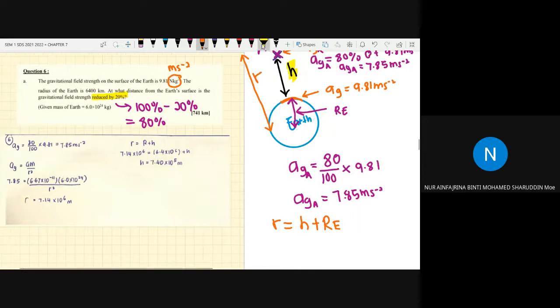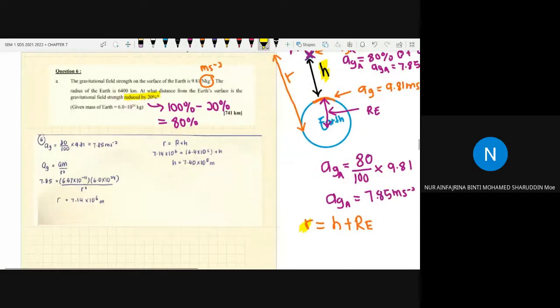So, Miss apa yang Miss nak buat? Miss nak cari dulu Miss punya distance. Miss akan pakai formula AG at point A equals to GM over R squared. Sebab ini adalah formula gravitational field strength. Alright.